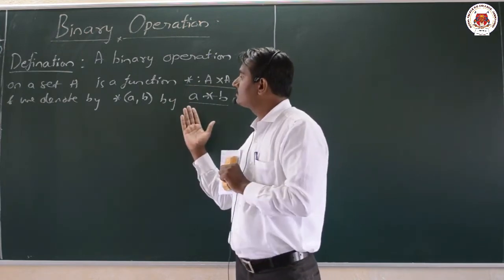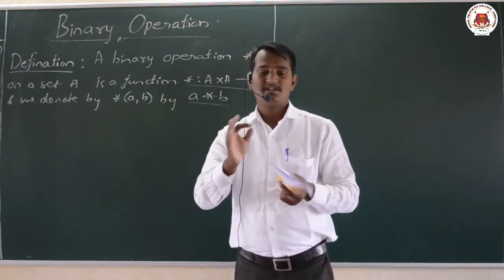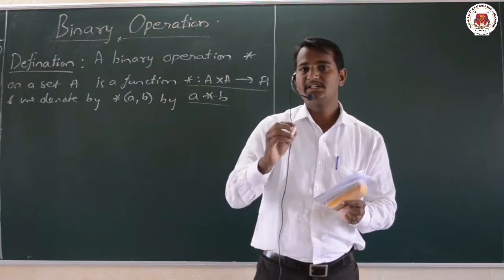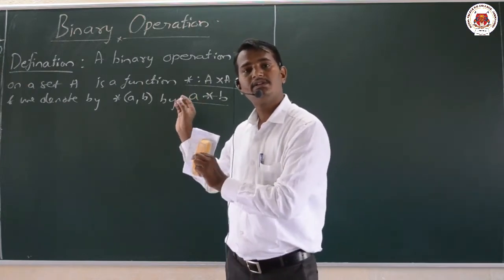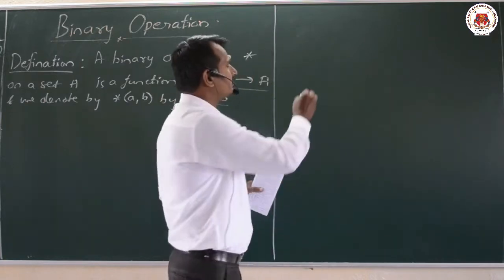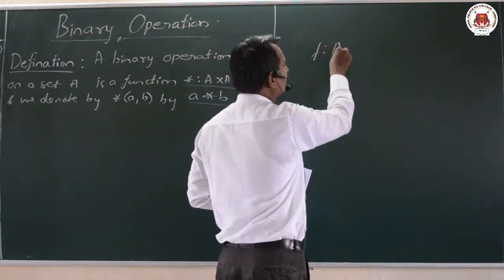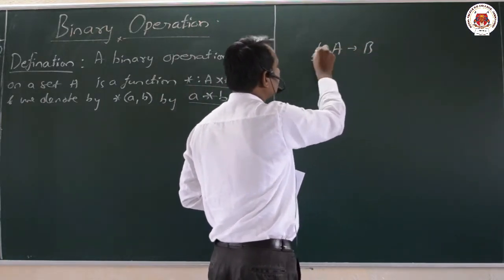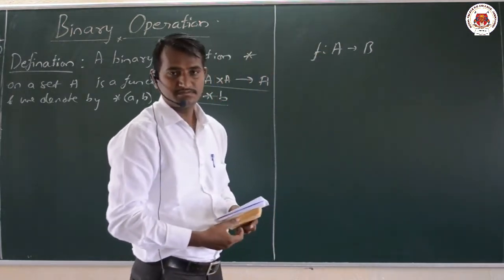Before going to the definition, let us learn some basic things that give connectivity to this operation. We have already learnt about functions: f from A to B is a function.